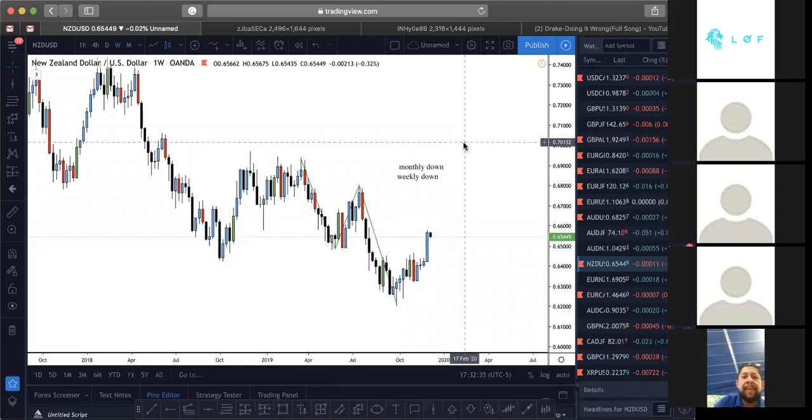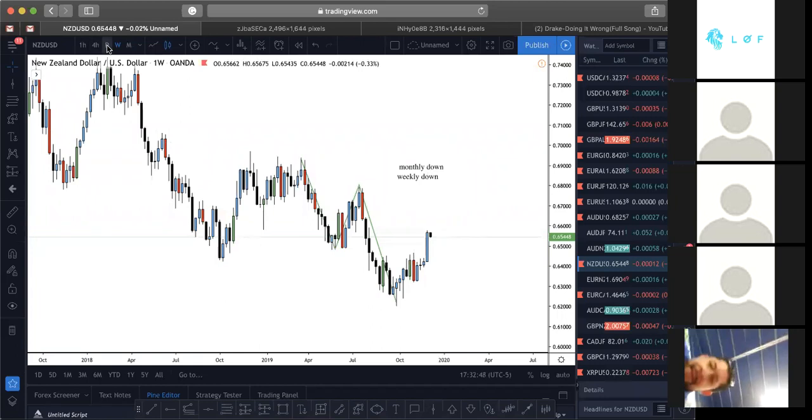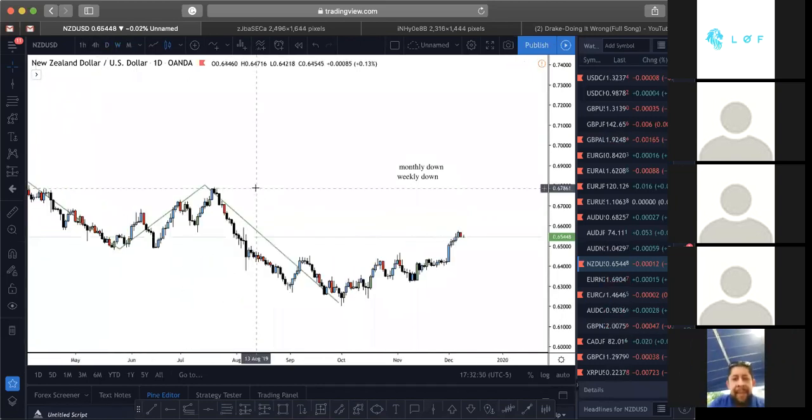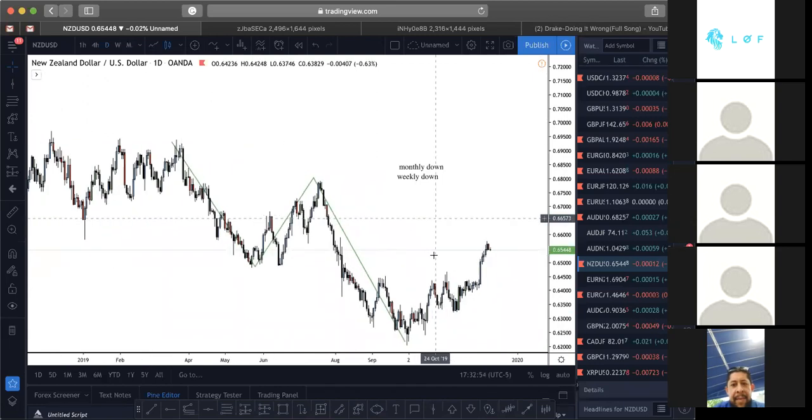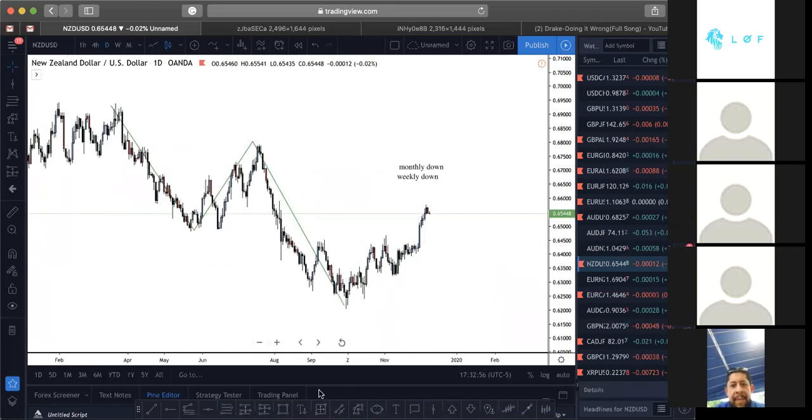An uptrend on the 4 hour could simply be a pullback on the daily time frame, right? So now that we're on the daily, we can see that yes, the daily is definitely in an uptrend, right?